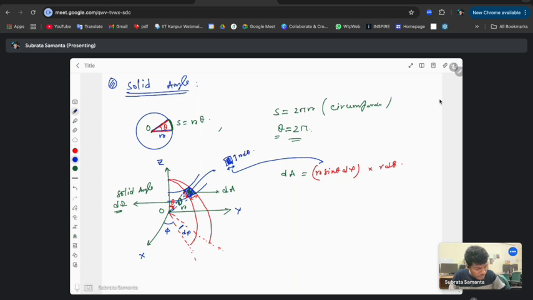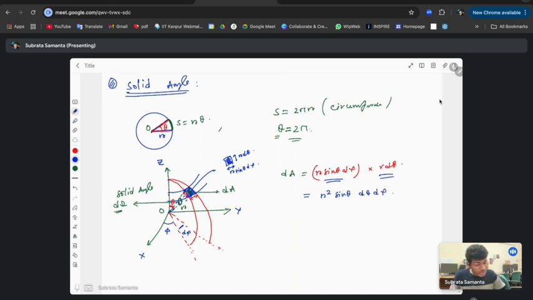Therefore the area is just r d theta times r sin theta d phi. This gives you r squared sin theta d theta d phi.